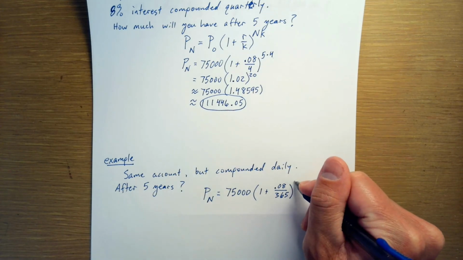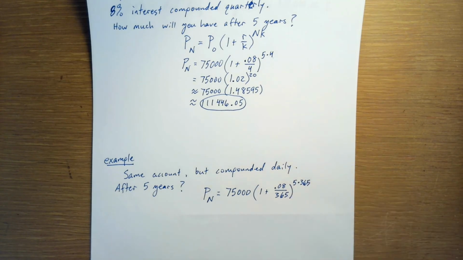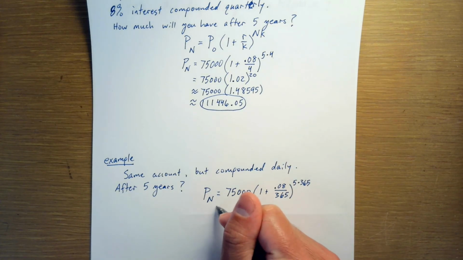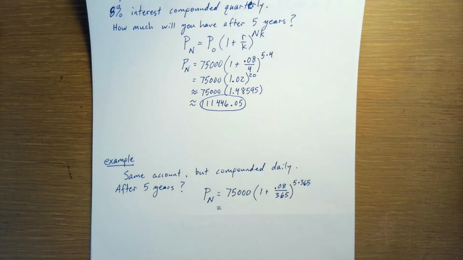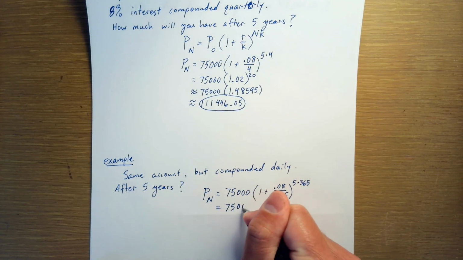We're still leaving it in for 5 years, but we're compounding 365 times each year. So at this point it becomes a very similar problem to the one above. We approximate, plug all this stuff into a calculator, we get an answer. So I'm just going to show you the way I proceeded.